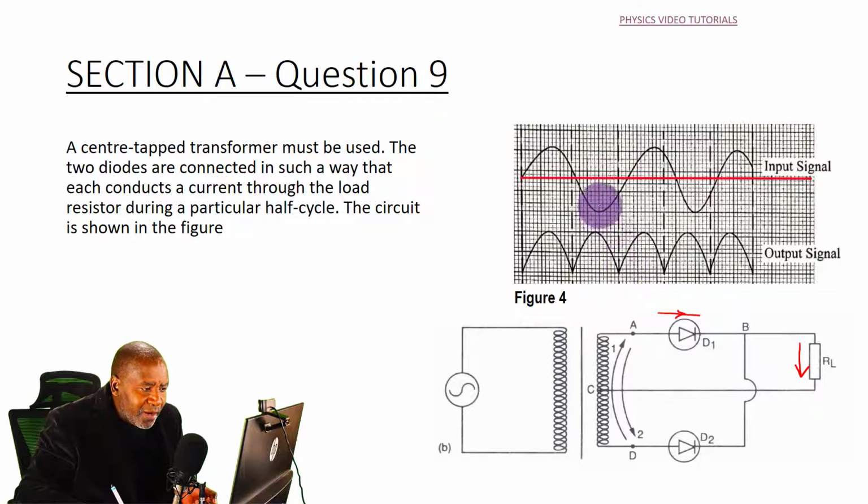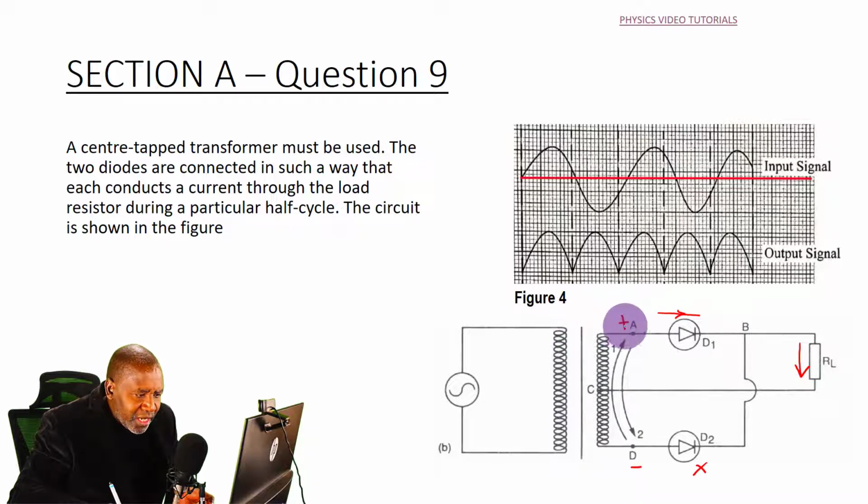For the other half of the cycle, that is this particular half here, you find that first of all, with the red line here, A is positive and D is negative. That means D2 will not conduct while D1 conducts. Let me change here the color so that we can be able to understand what is happening here.